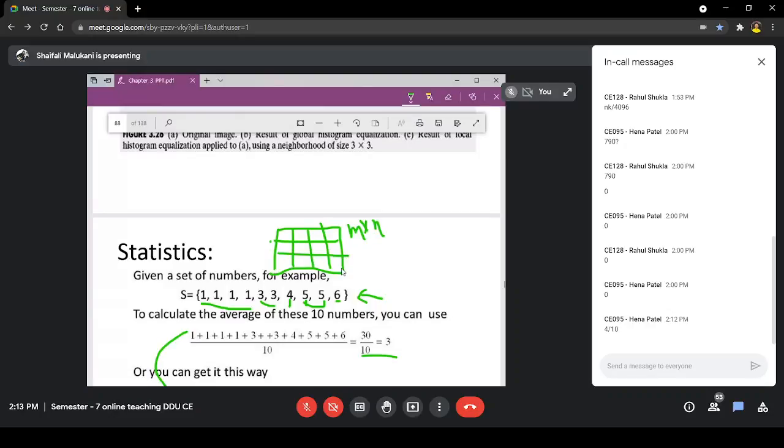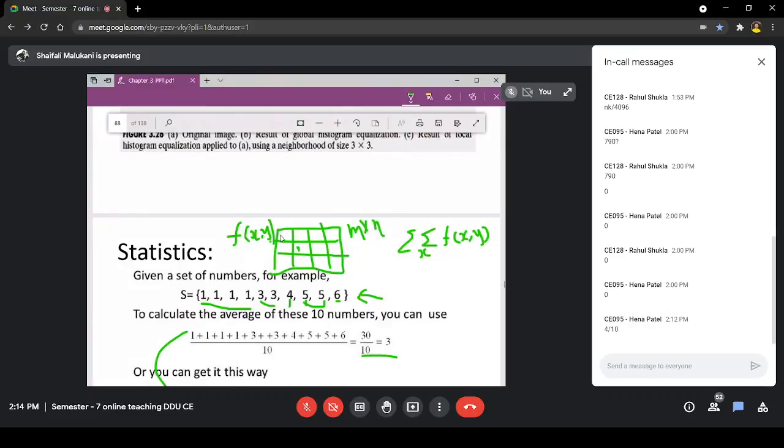Then how can I obtain the mean of this? Suppose I denote my image as f of x,y, where x,y is the coordinate of an arbitrary pixel. So the mean is nothing but the summation of all pixel values. What is the range of x?